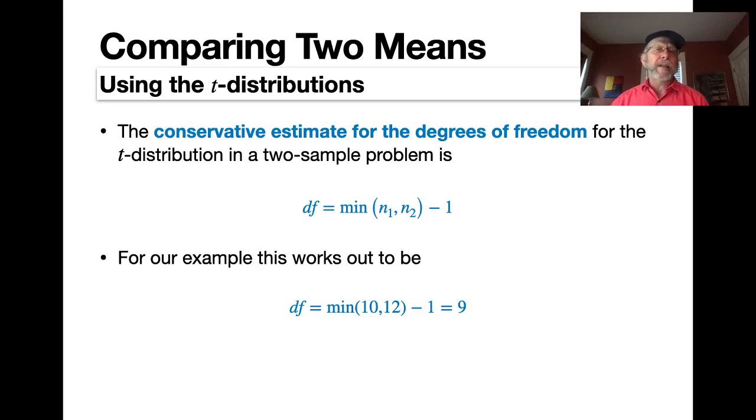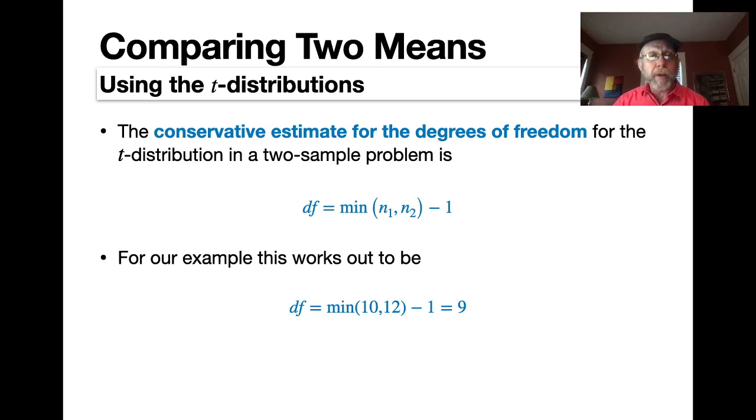That means that it's going to be harder to reject the null hypothesis, right? Because the p-value would be larger than it normally would be with a more accurate approximation. So the p-value is conservative in the sense that it reduces the probability of falsely rejecting the null hypothesis. It reduces the probability of a type 1 error.